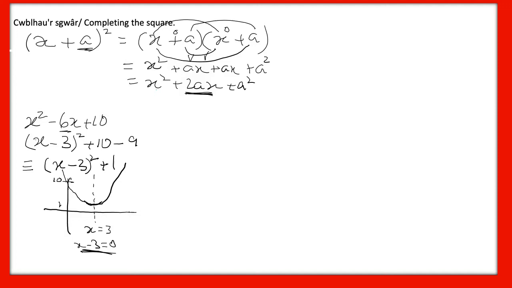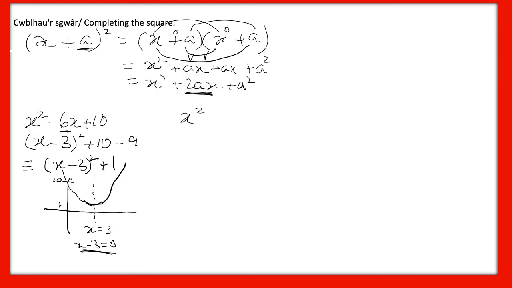Now, obviously, my algorithm basically says halve your x coefficient and subtract the square of that result. You notice I'm not writing it down, I'm putting it verbally because it's a fairly simplistic one.